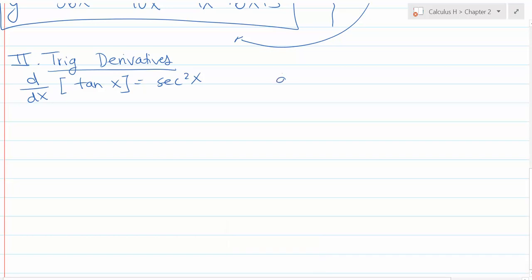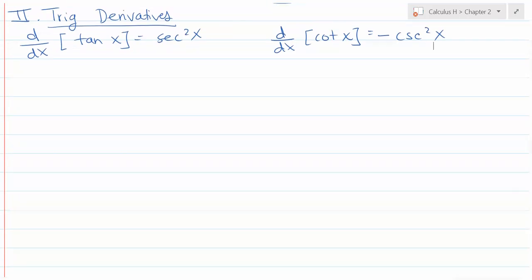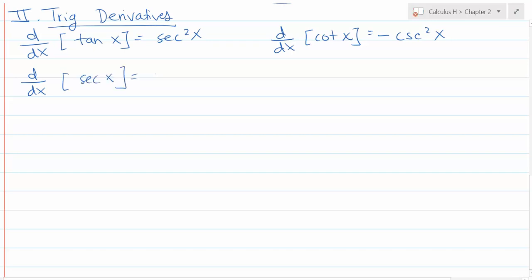And the derivative with respect to x of cotangent x is going to equal negative cosecant squared x. And then if we have the derivative with respect to x of secant x, this would be secant x times tan x. And the derivative with respect to x of cosecant x would be negative cosecant x cotangent x.